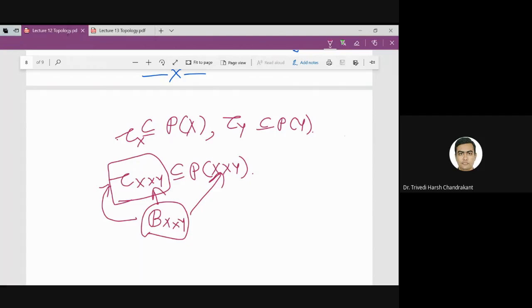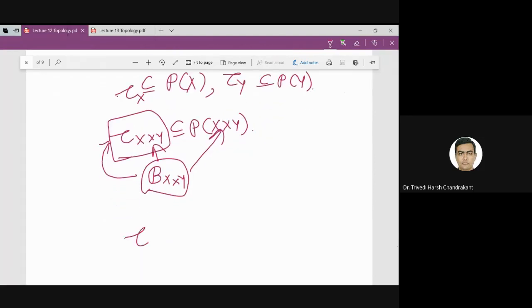So what is the topology? Topology is all the unions of the basis elements, so that we define as tau B. So every B gives us a topology corresponding to that basis. So is it clear now?